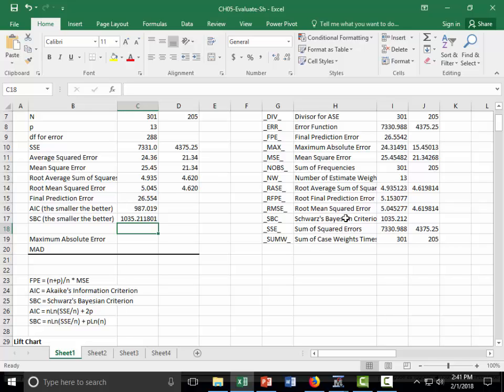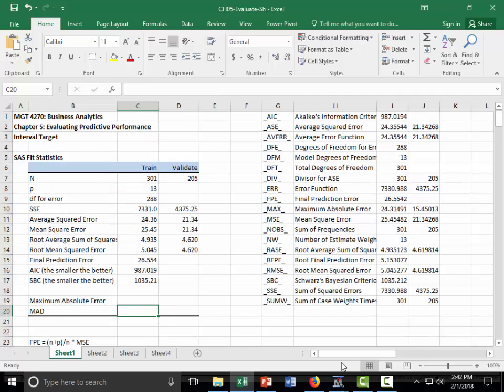So that's your Schwartz Bayesian criterion. For these numbers, the smaller the number, the better it is for the purpose of comparing different models. Again, these three measures give you errors adjusted for the cost of bringing more predictors into the equation.